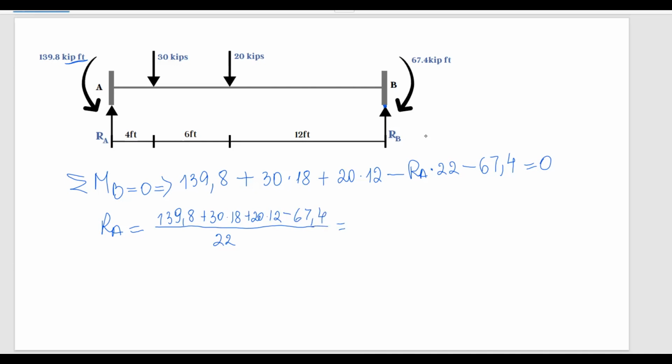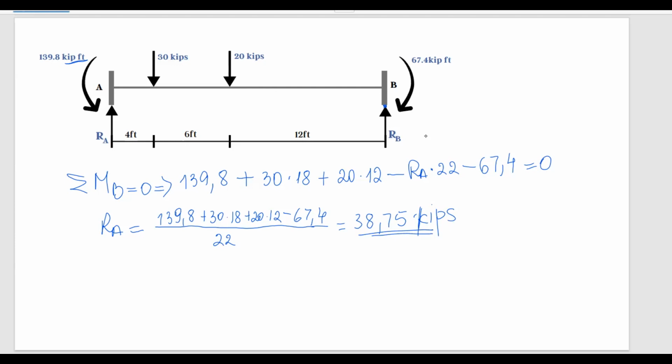And again, you guys use your calculators, get used to that. Once you do it, you should get a value of 38.75 kips. And this is the reaction at point A.